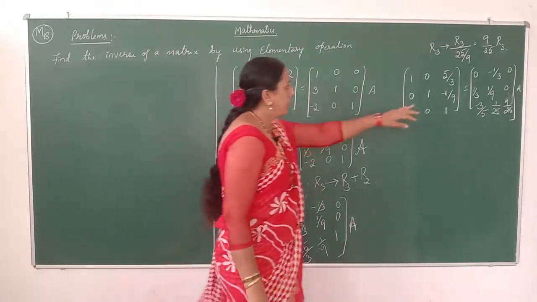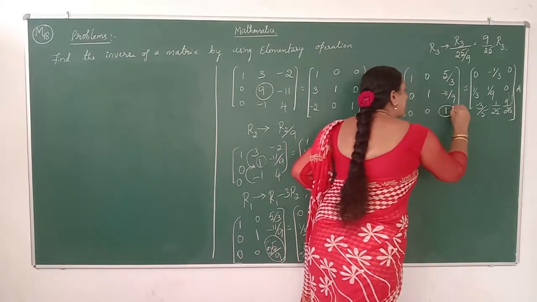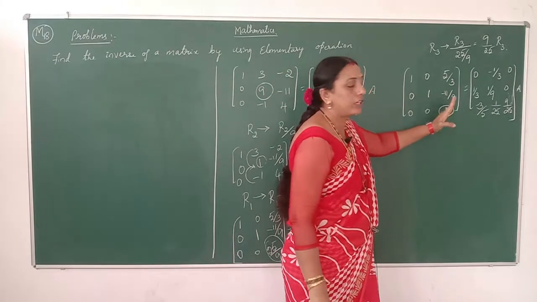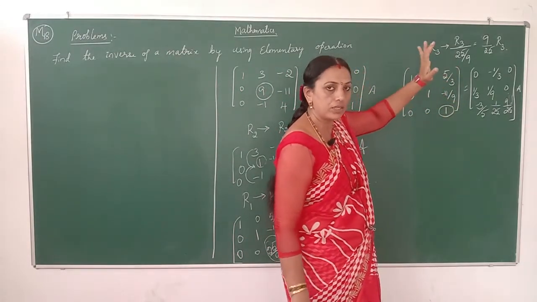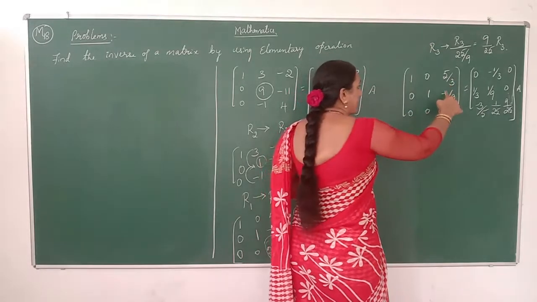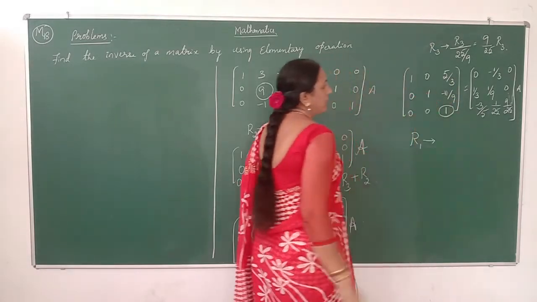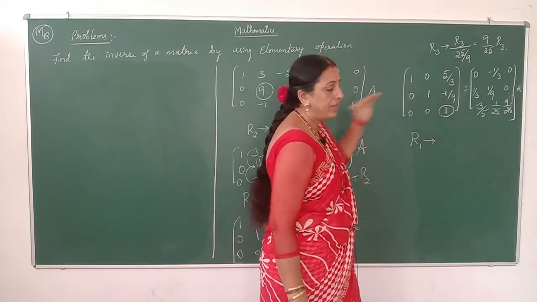So next we'll operate on the second and first rows. Meaning the diagonal elements are 1. According to the identity, the diagonal elements are 1 and the elements above and below these diagonals are nothing but 0. To make them 0, we can operate R1 and R3 with the corresponding elements multiplied by R3.